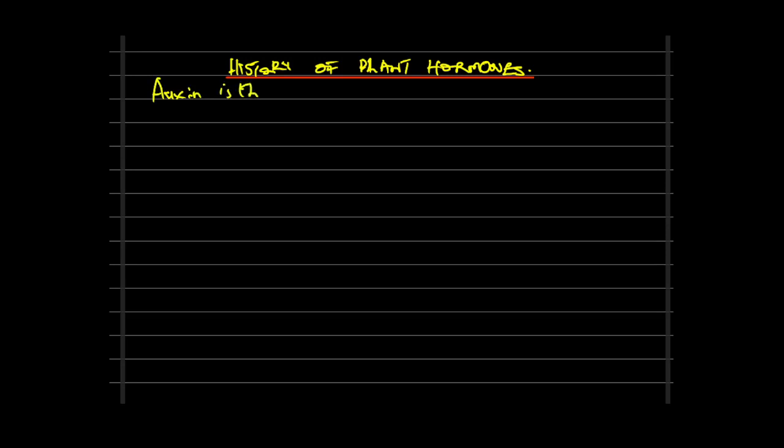Auxin is the first phytohormone to be discovered.